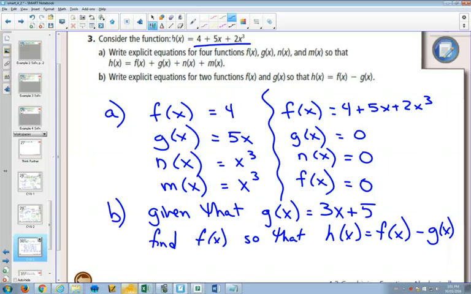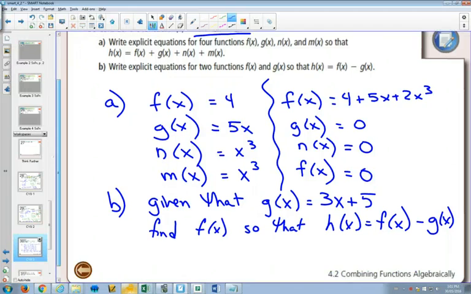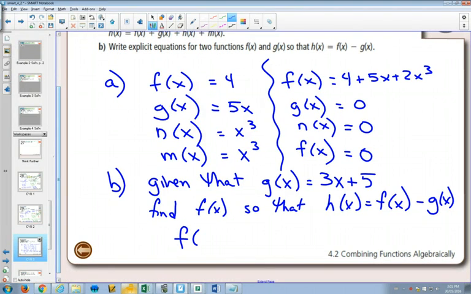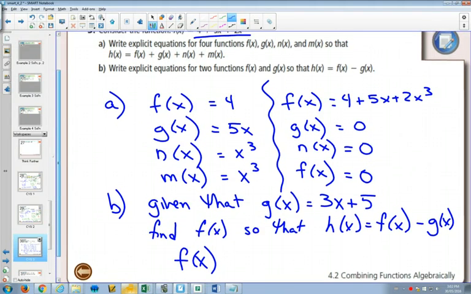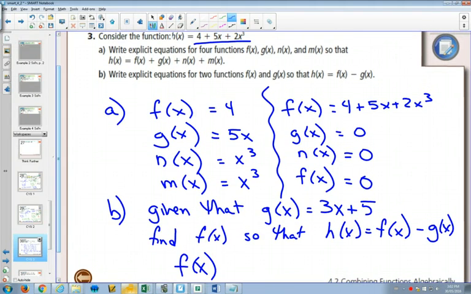If I wanted h of x to equal f of x minus g of x, can you figure out what f of x would be? It makes sense that f of x would have to have a 2x cubed in it.